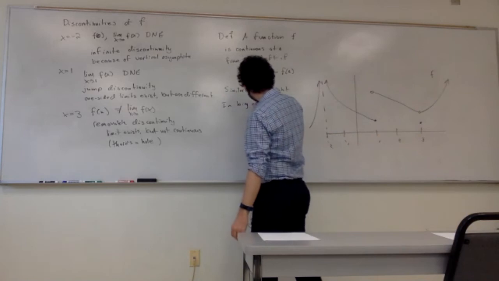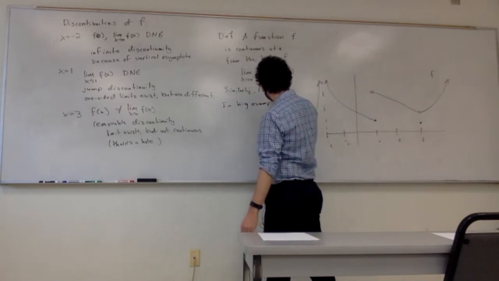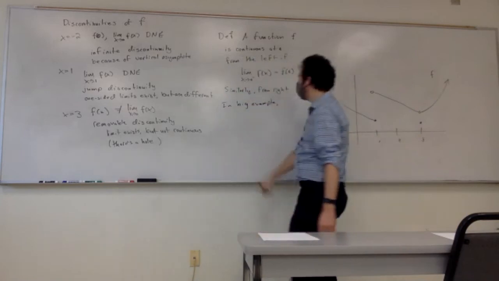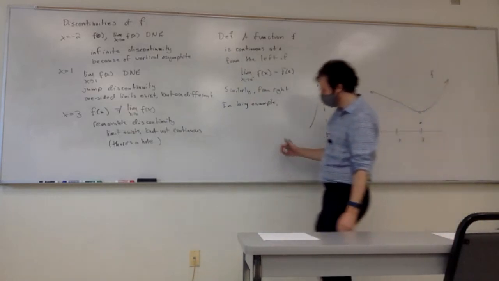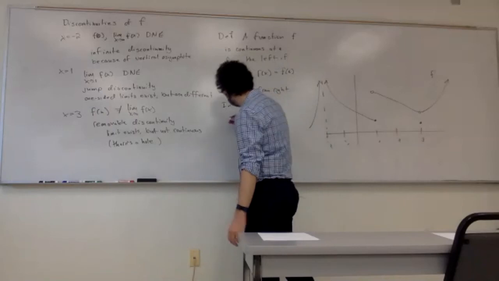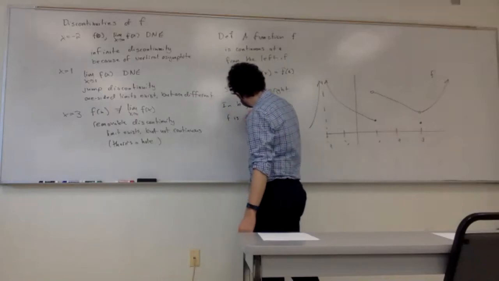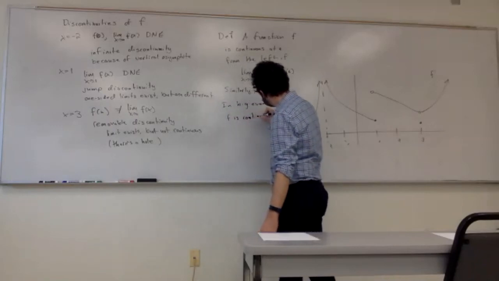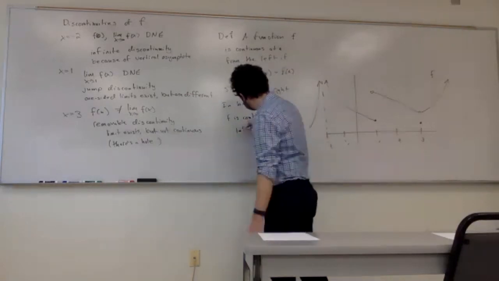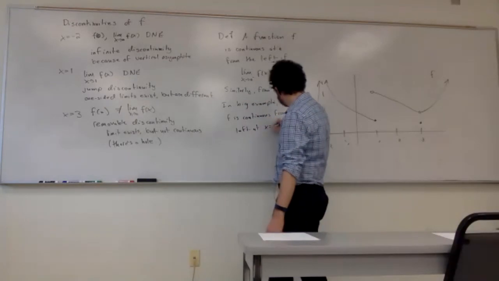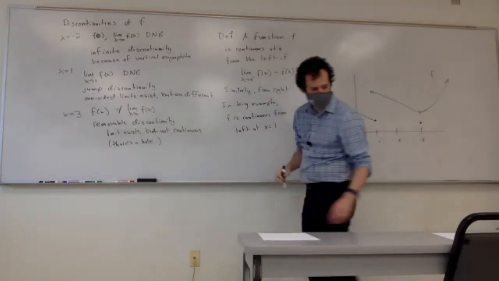In this big example, a place where this one-sided continuity is happening, this function is continuous from the left at x equals 1.